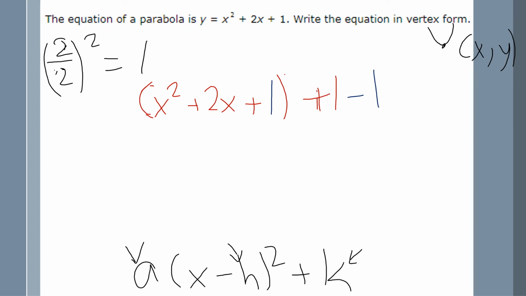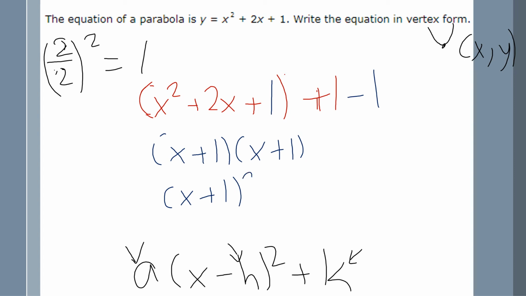when we factor this, we know how to factor this, don't we? We get x plus 1, x plus 1. Because 1 times 1 is 1, and 1 plus 1 is also 2. But because they repeat themselves like this, you write it as x plus 1 with the power of 2.